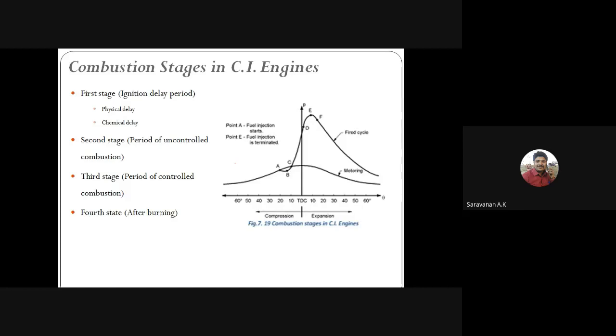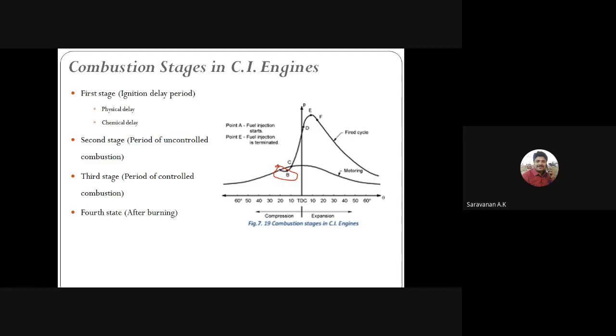Due to that, the pressure slightly reduces. Initially it slightly drops its pressure, and that will be denoted as the AB curve.